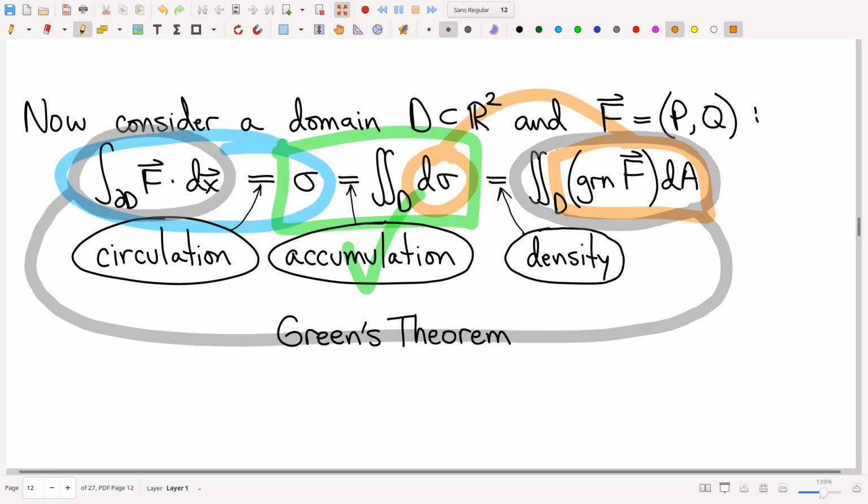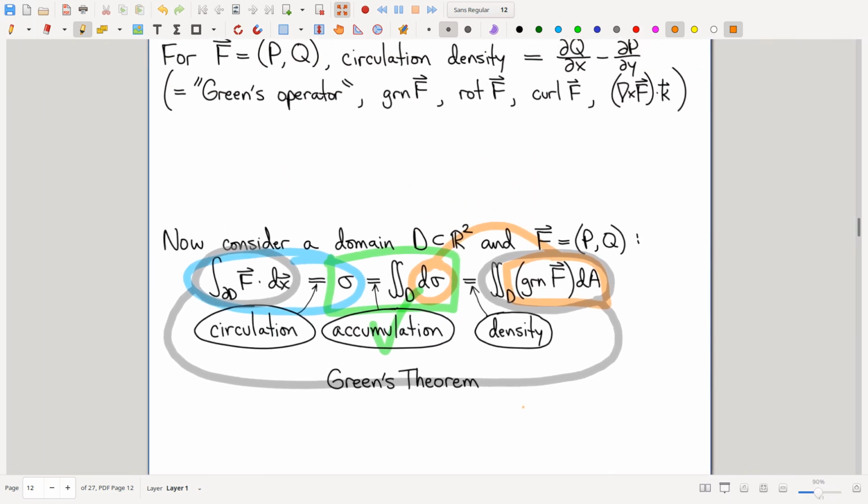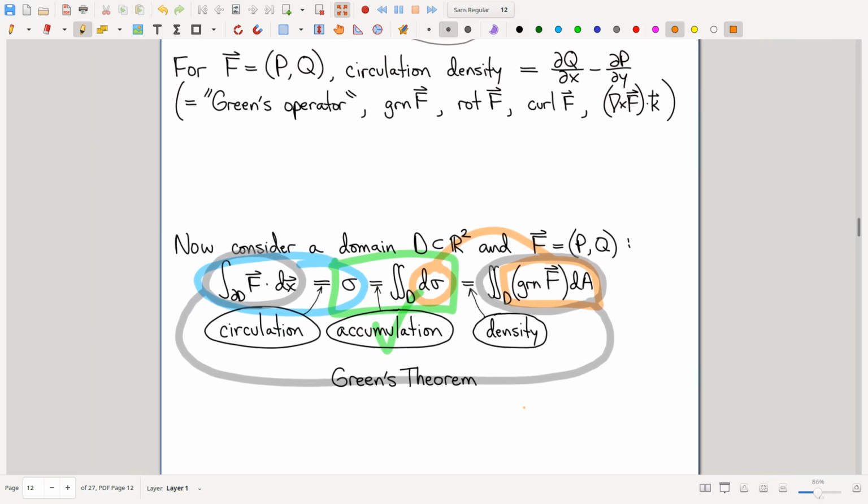I kind of like this one. I'm going to call it Green's operator. Okay. So notice all I did in this very last step, the orange step, is insert Green's operator to represent our circulation density, namely that expression right there.